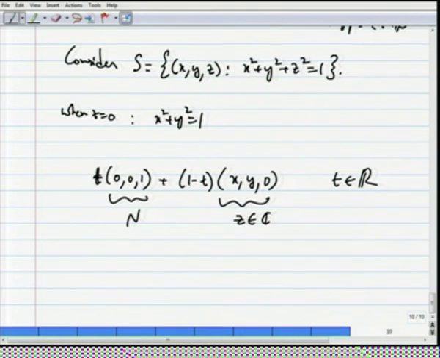We know how to construct equations of lines in R 3: t times a point plus 1 minus t times another point gives a line passing through these 2 points.